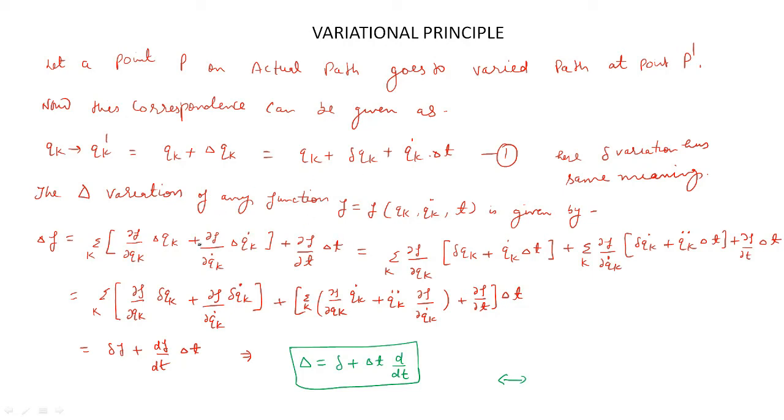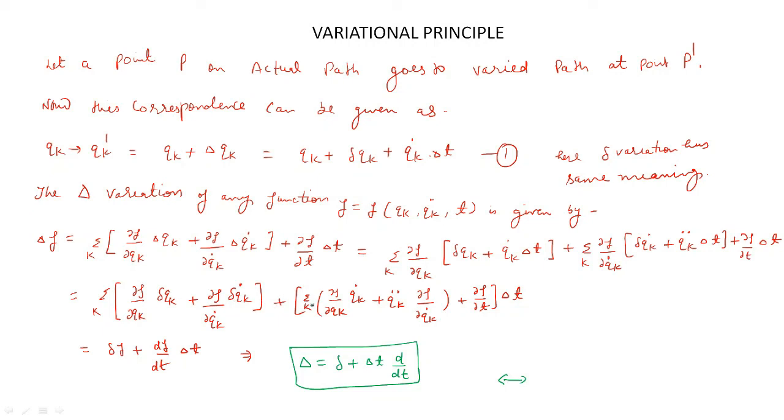Now we will put in the value of delta qk from here. You know that delta qk is equal to delta qk plus qk dot into delta t. So your relation now becomes sigma k del f over del qk into delta qk plus del f over del qk dot into delta qk dot. We have written this term separately, and this is the first bracket.